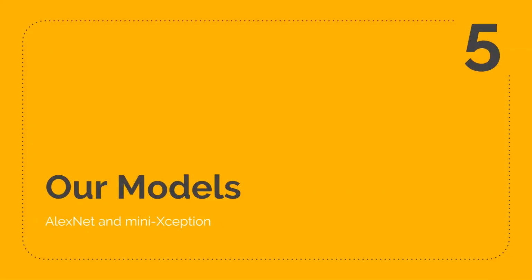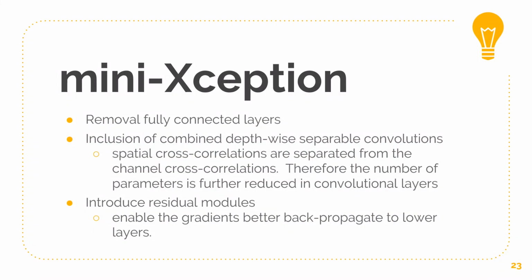In our project, we tried two models, AlexNet and mini-Xception. The main idea behind the mini-Xception model is that we removed all the fully connected layers, and then we also introduced combined depth-wise separable convolutions and residual modules.